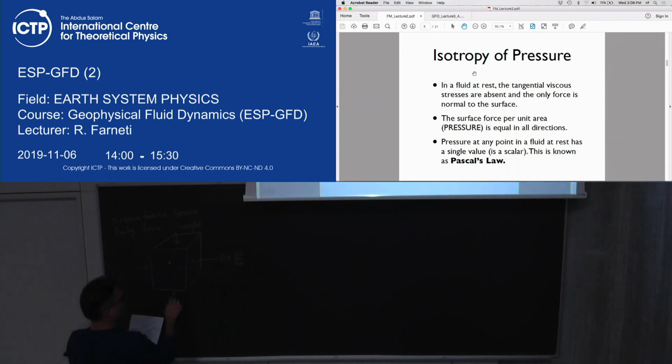So this is dx, this is dz, and this is dy. Times delta y delta z is the force, from pressure on the area, referenced to the center of the element of fluid. You can get this through Taylor expansion.